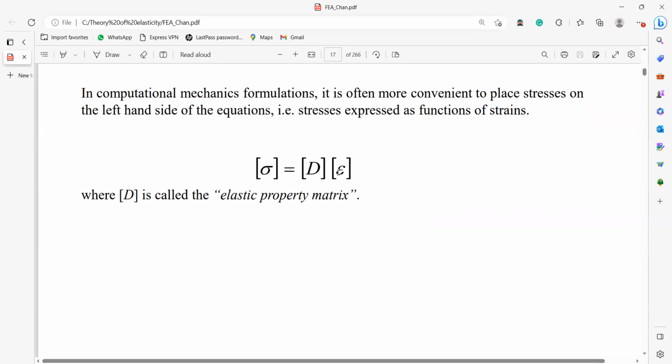You get the strains from displacements. So this D is also called the stiffness matrix. The stiffness matrix is what connects the stress to strain. And how do you convert displacements into strains? Let's look into those equations later.